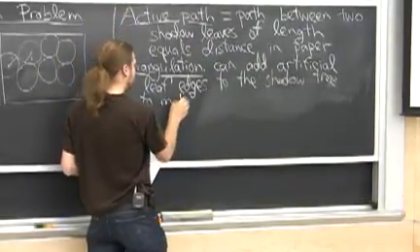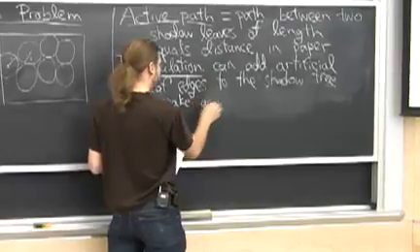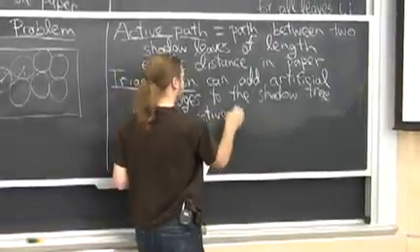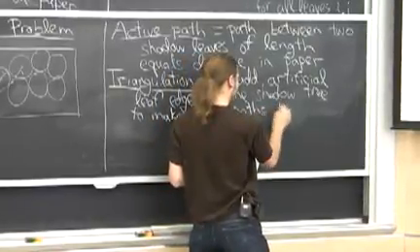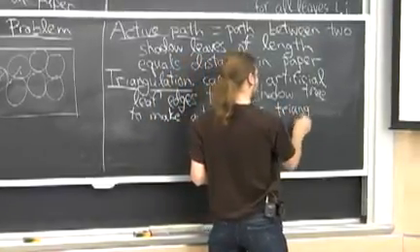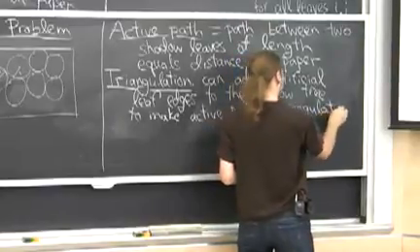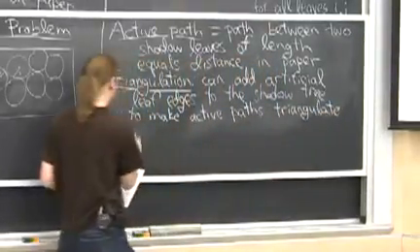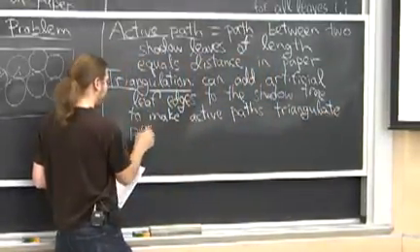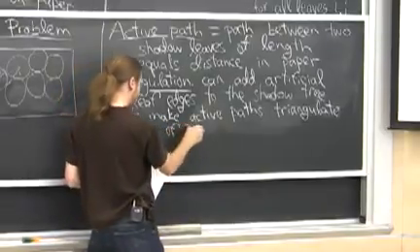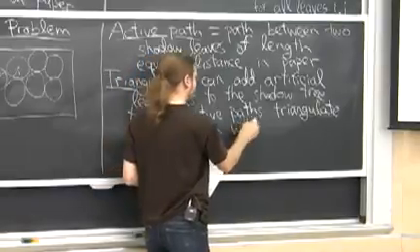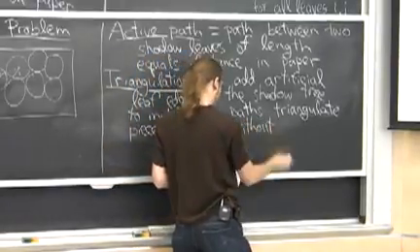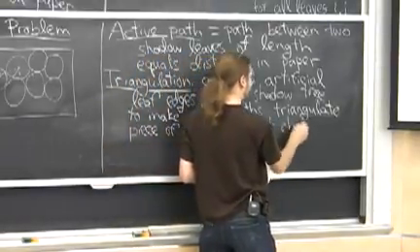My goal is to make the active paths triangulate the paper, without changing the scale factor.